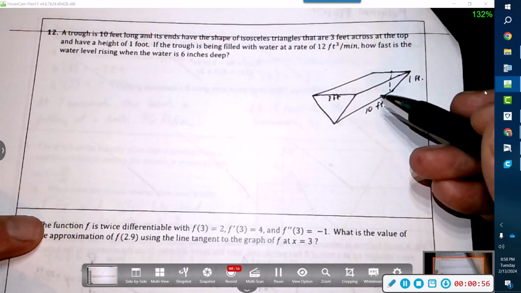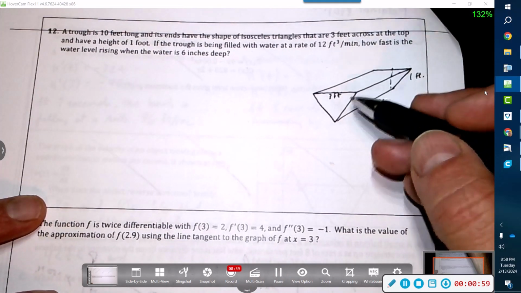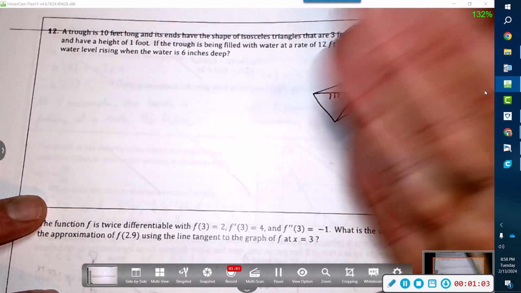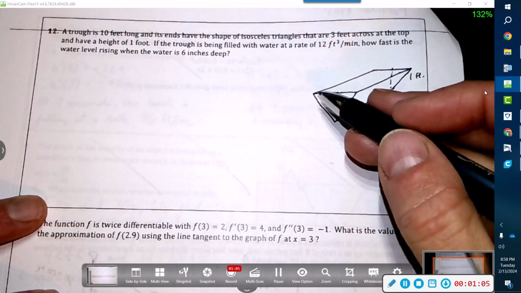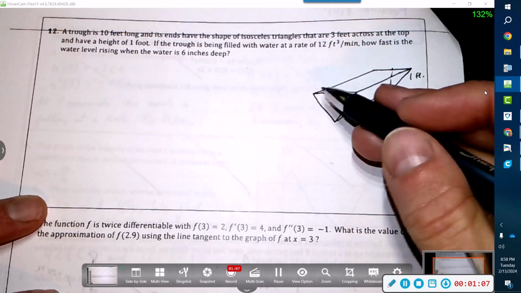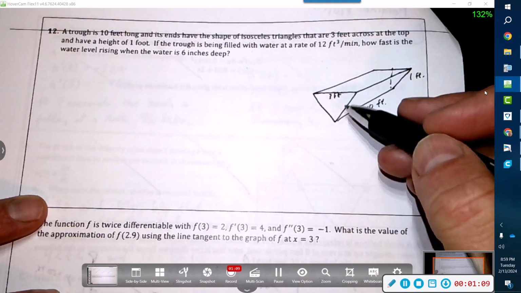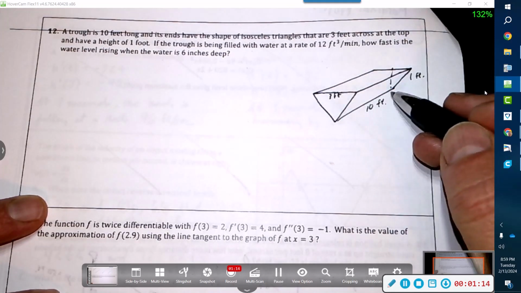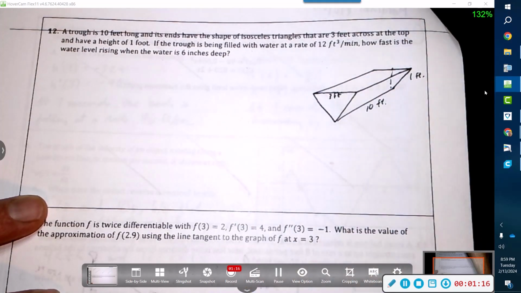Now, what's really helpful to think of is when you have a general cross section, like if something is sliced across, if it is a triangle, you can just calculate the area of the triangle and then just multiply by its length. Its length is like its extrusion through space.